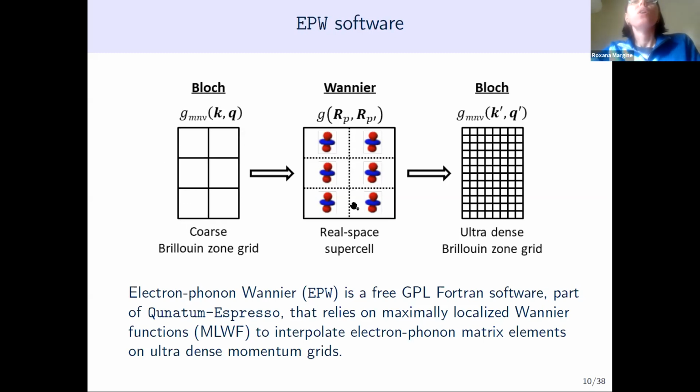Then we use maximally localized Wannier functions to go from the coarse grids to this Wannier space, and then we can go back to the Bloch representation, and we can do it on ultra-dense Brillouin-zone meshes.